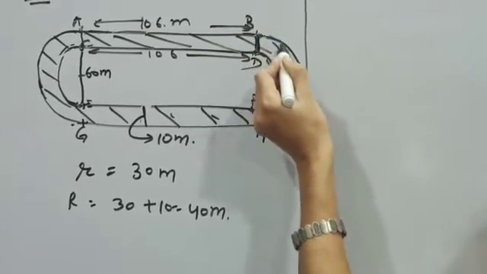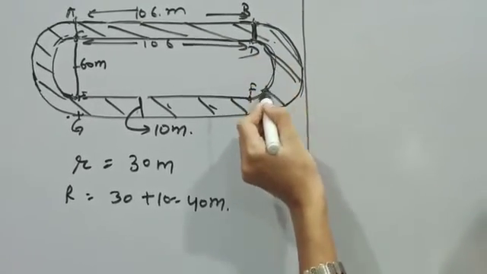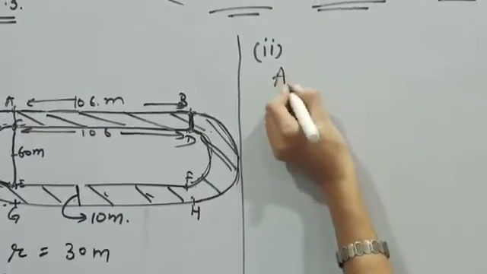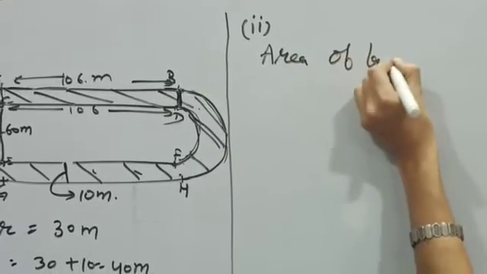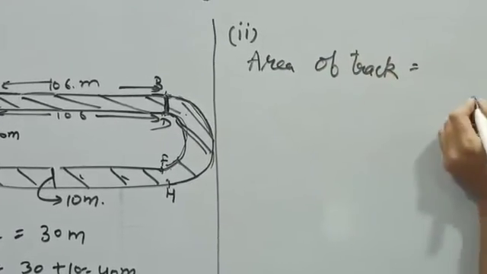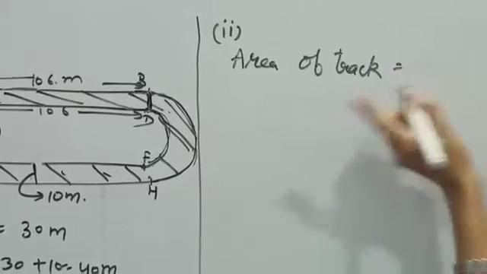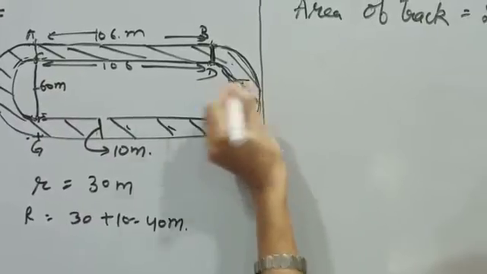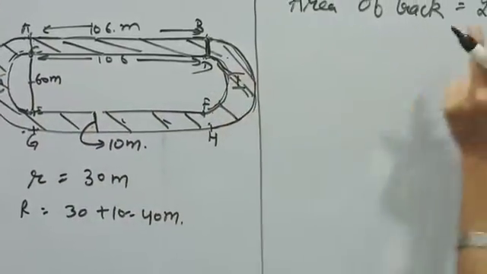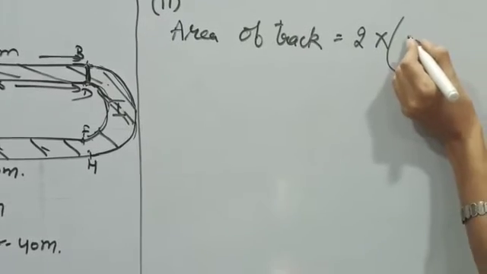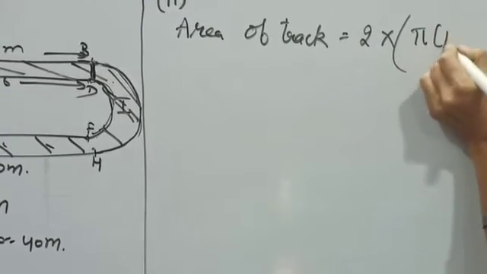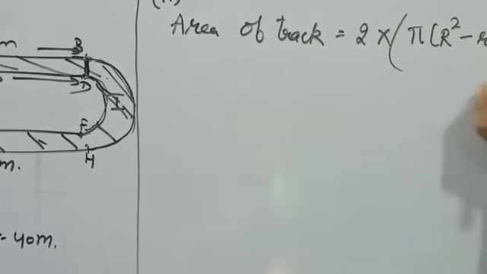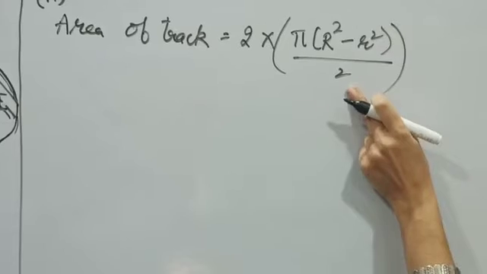So we can take the outer area and then remove the inner circular area from it. Now the area of the track is equal to the semicircular area two times, one time this one and one time the other side. First part, the area is semicircular, so pi r square minus r square, outer circle minus inner circle, upon 2, since it is semicircular.